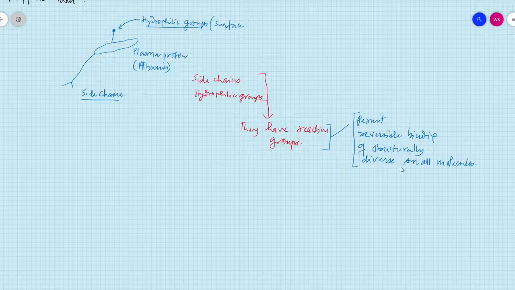They can bind to different small molecules which have a diversity of structure, so that's why we say structurally diverse. So these plasma proteins can bind to more than one type of drug. That's what we're trying to say.